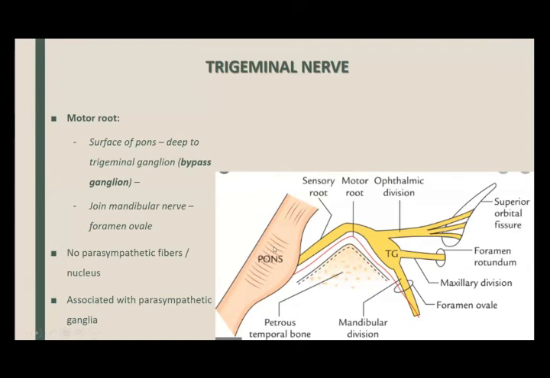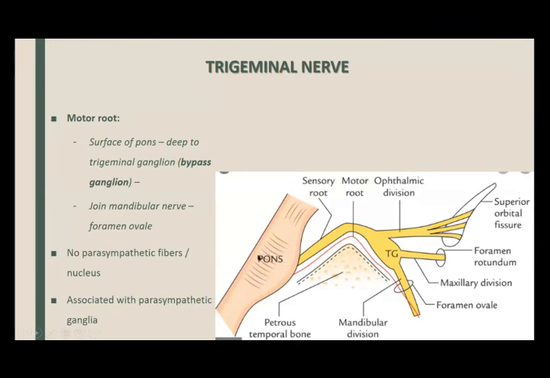The trigeminal nerve carries no parasympathetic fibers. Parasympathetic fibers, beta, are secretomotor, and by secretomotor I mean that their stimulation produces secretions, so it is a motor activity. So there are no parasympathetic nerve fibers in it, because it has no parasympathetic nucleus.